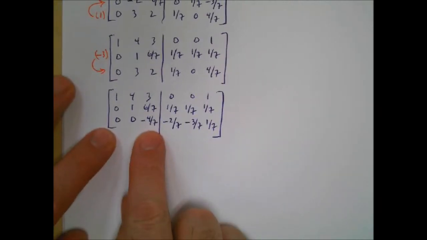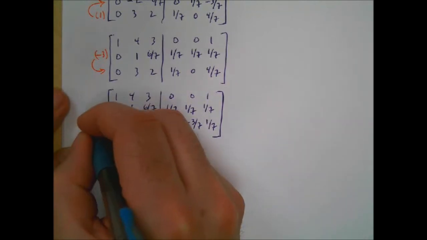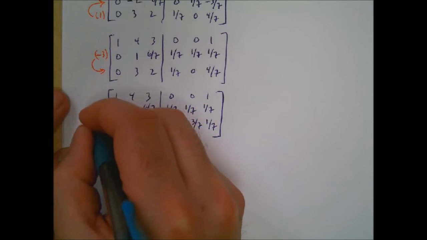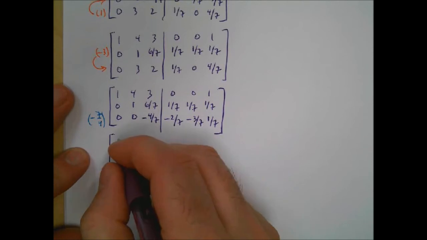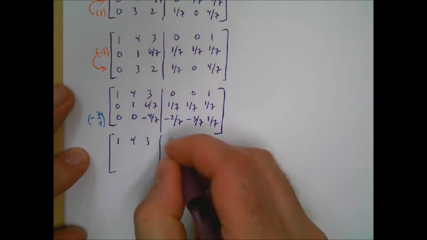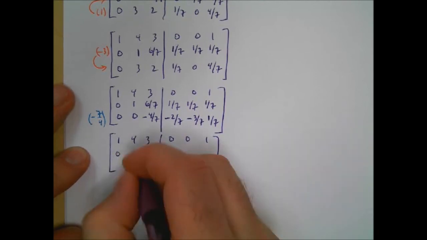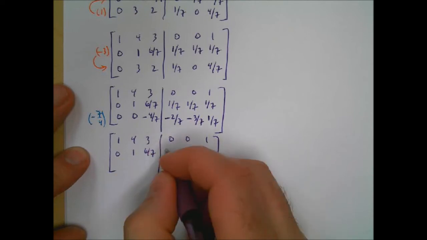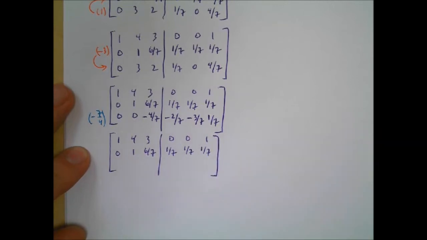Now we need to get the last one on the main diagonal, and really the only way to get that is to multiply by its reciprocal. So multiply by negative 7 fourths. Top two rows are not changing. 1, 4, 3, 0, 0, 1, 0, 1, 6 sevenths, 1 seventh, 1 seventh, 1 seventh.